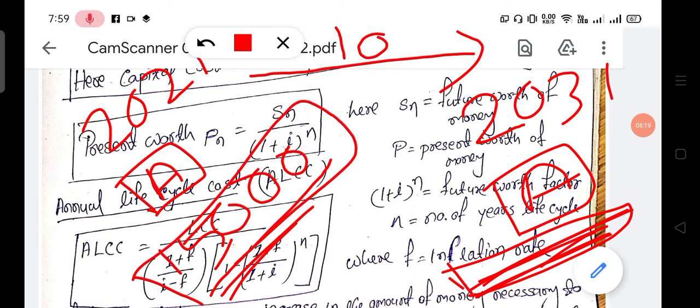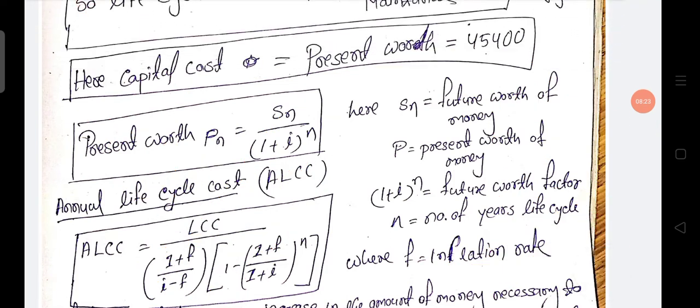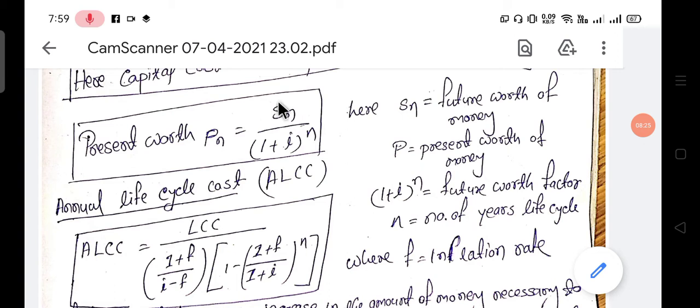So how to calculate that future worth? By using this formula: Sn equal to P into (1 plus i) to the n.